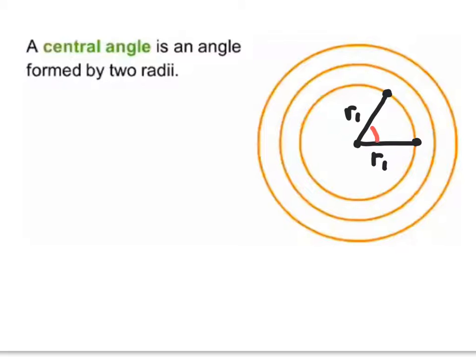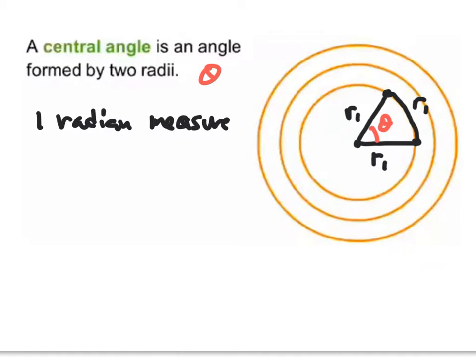Depending on your angle here, which we'll call theta, one radian measure is when the arc length of a certain angle is equal to the radius of that circle. The central angle is the angle formed by two radii. So here's our central angle theta, and one radian measure is the arc length created by two radii.